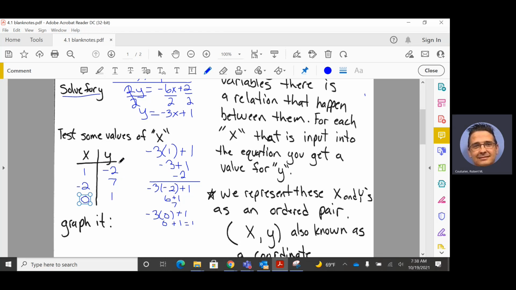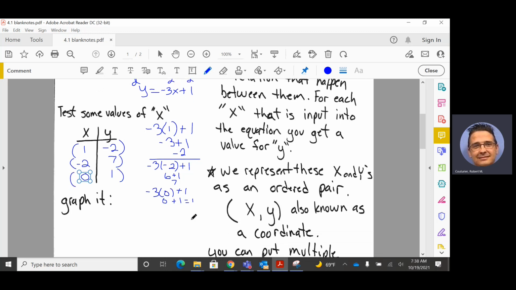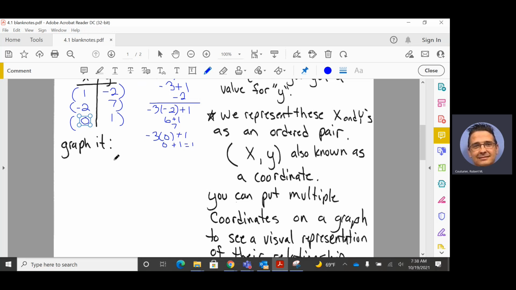So right like that, guys, think of it like this. We have 3 sets of ordered pairs, x's and y's, that can be put onto a graph. And we could actually graph this if we wanted to. Of course, this is just a brief sketch. We have the point 1, -2, so dot.